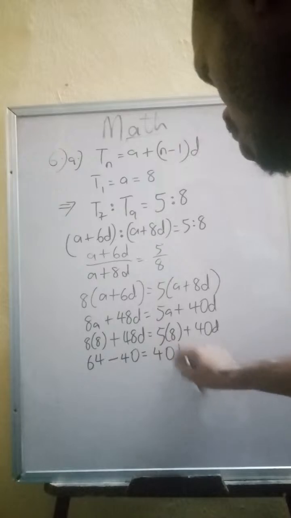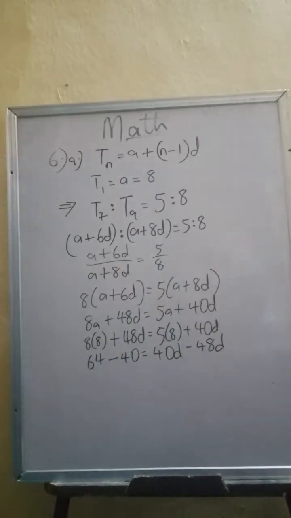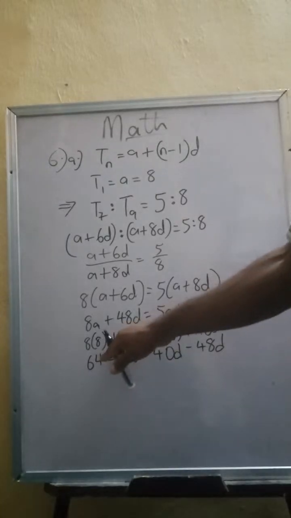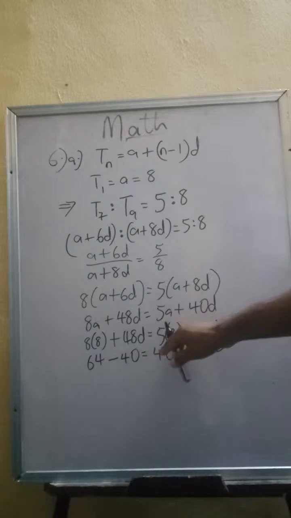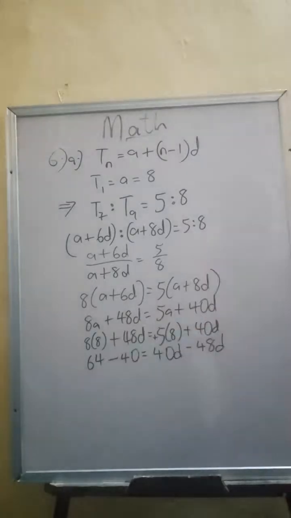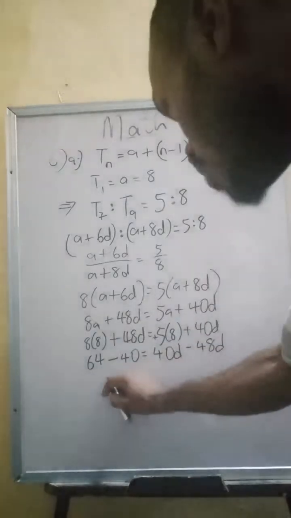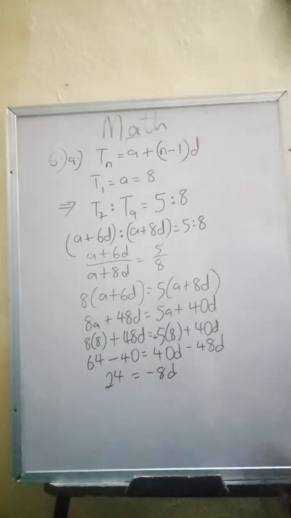You have 40d minus 48d. The 48d has a plus, and it moves this way to become minus. 5 times 8 is 40, and there's a plus here. It leaves the equality sign to become minus. And when you move further from here, you have 24 equals minus 8d.